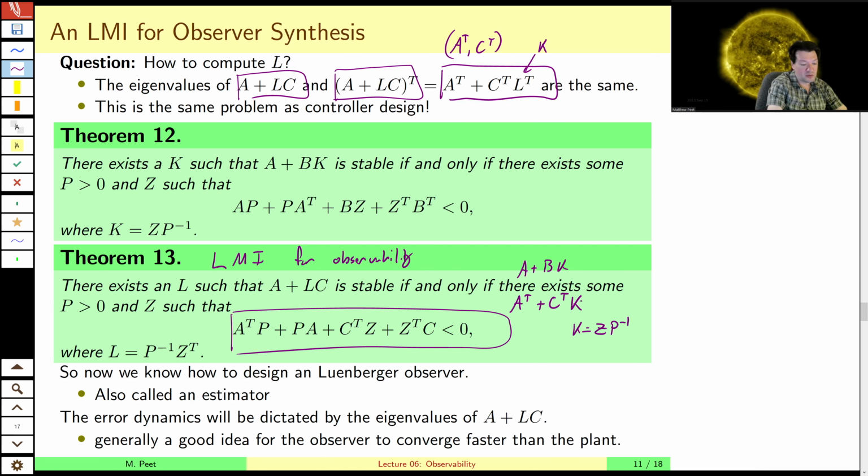But of course, we're looking for L transpose in this case, and so we want L transpose equal to that.